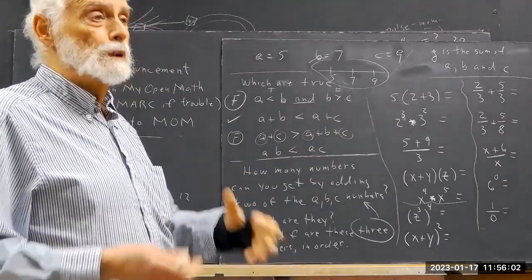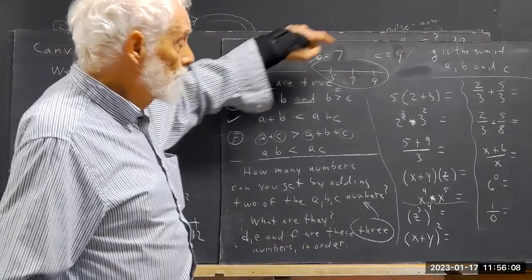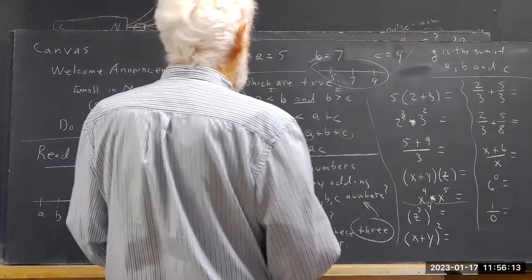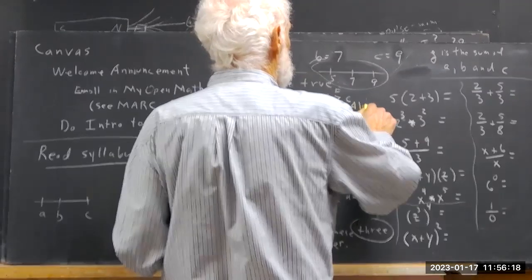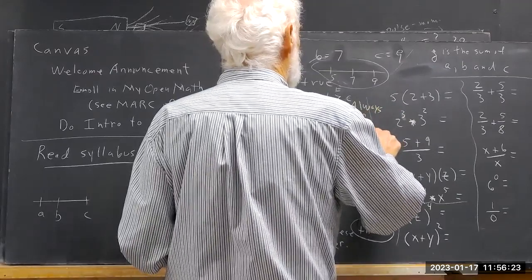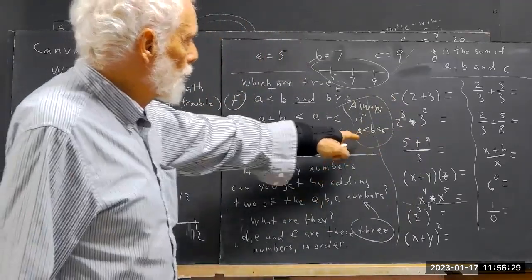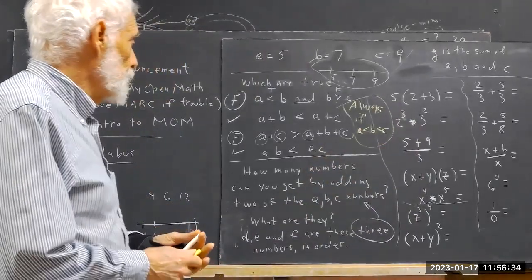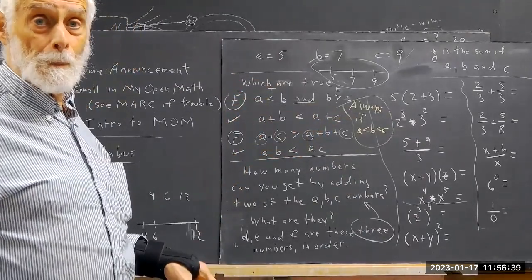So you want to kind of understand that that's always going to be so if A is less than B less than C. If A, B, and C are in this order, that's always going to be so. So you kind of get a general principle out of specific numbers.